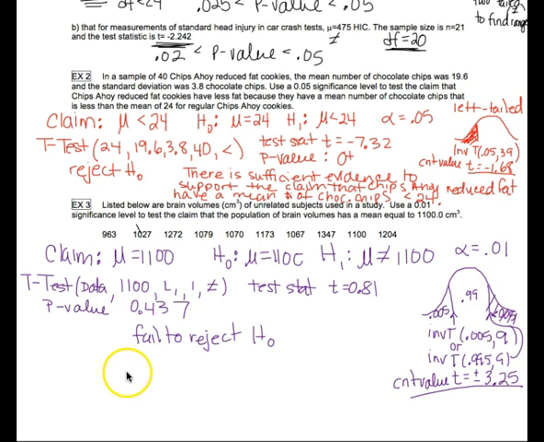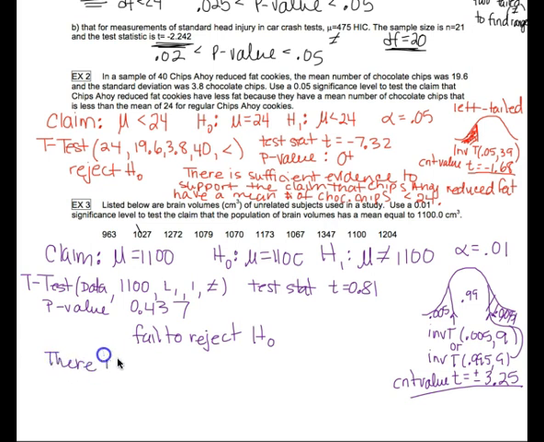So in this case, sorry, dog barking, because I have failed to reject, that's going to give me the not sufficient evidence. Because my claim did include equality, that means I'm going to use warrant rejection.